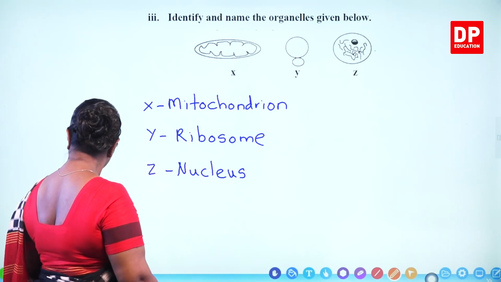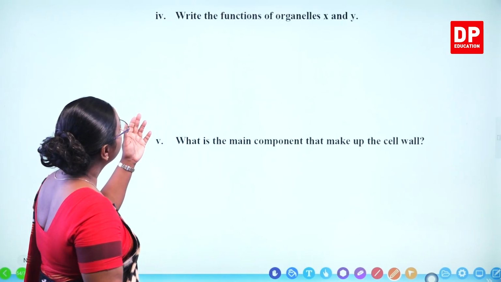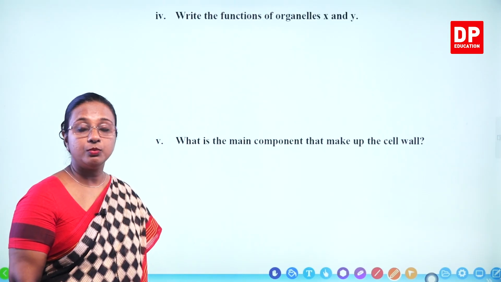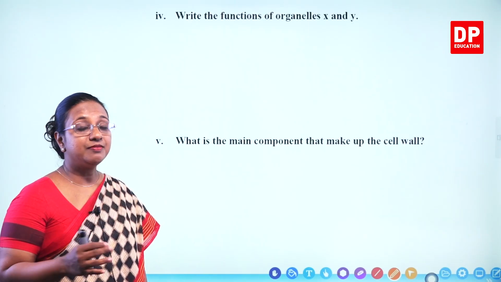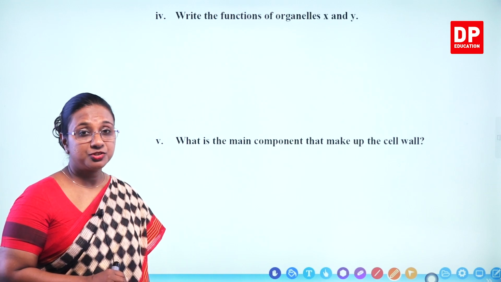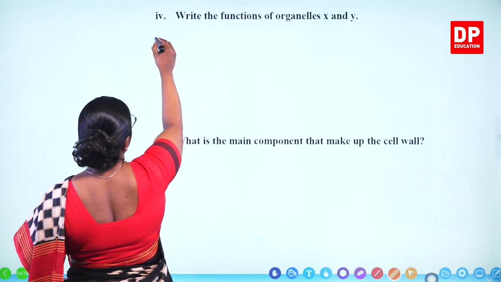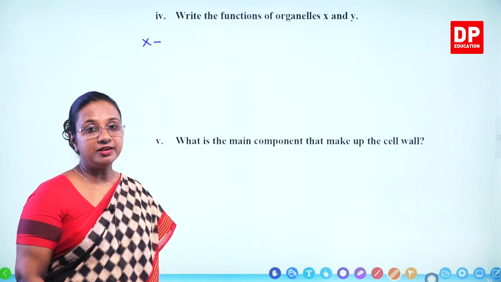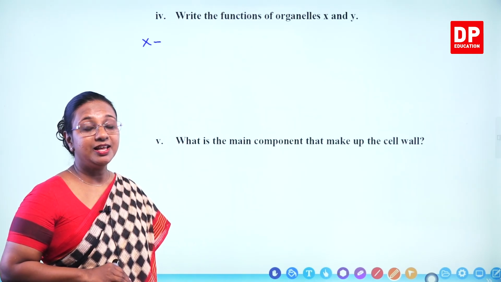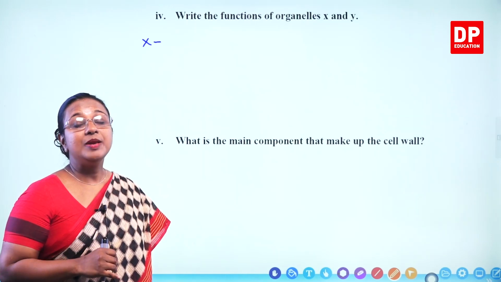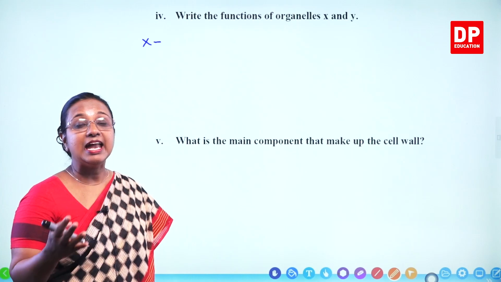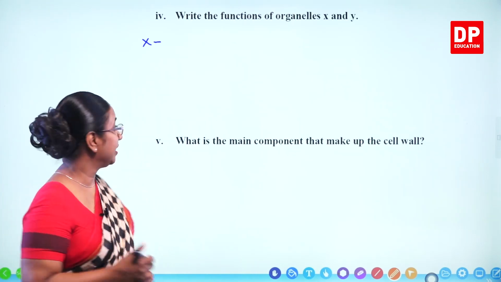Okay, now the next question. Write the functions of organelles X and Y. We identified X as the mitochondrion. So here, if we write the function of mitochondrion, you know that very well. Aerobic respiration takes place in the mitochondrion and energy is released.